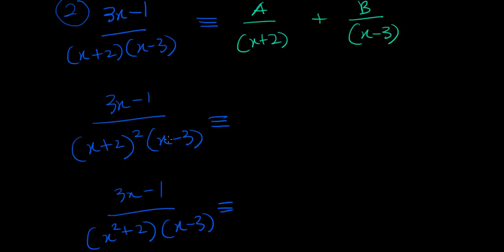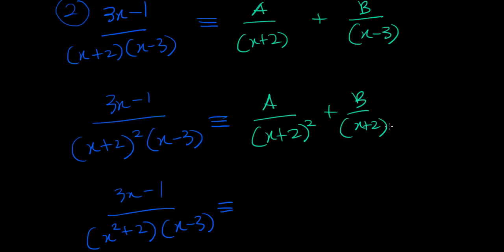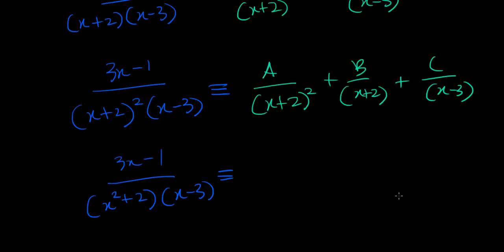The second one you have to break twice, so you'll get A over (x plus 2) squared plus B over (x plus 2) plus C over (x minus 3). And the third one you have to break into 2, which looks like this: (x squared plus 2).